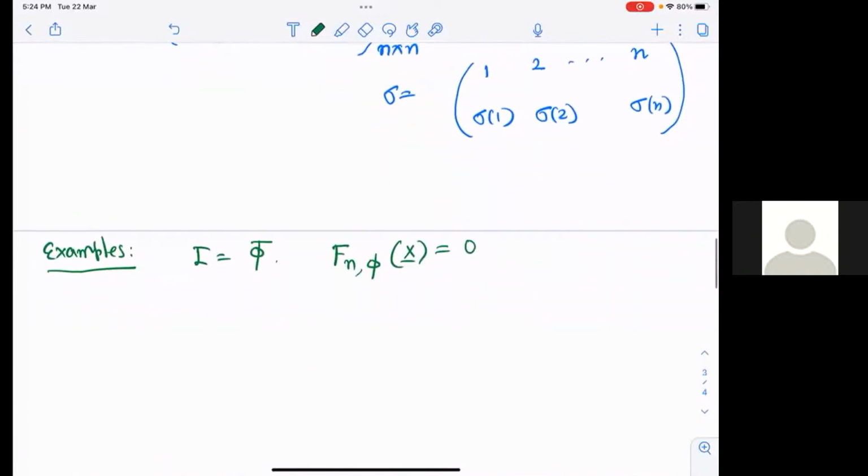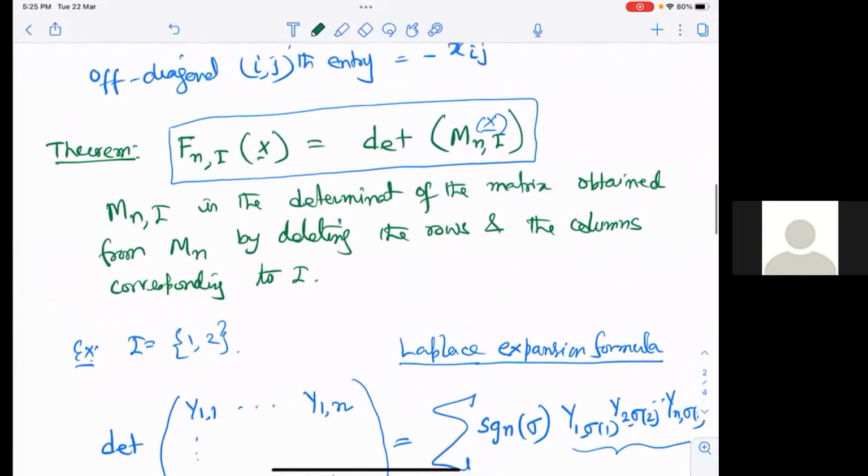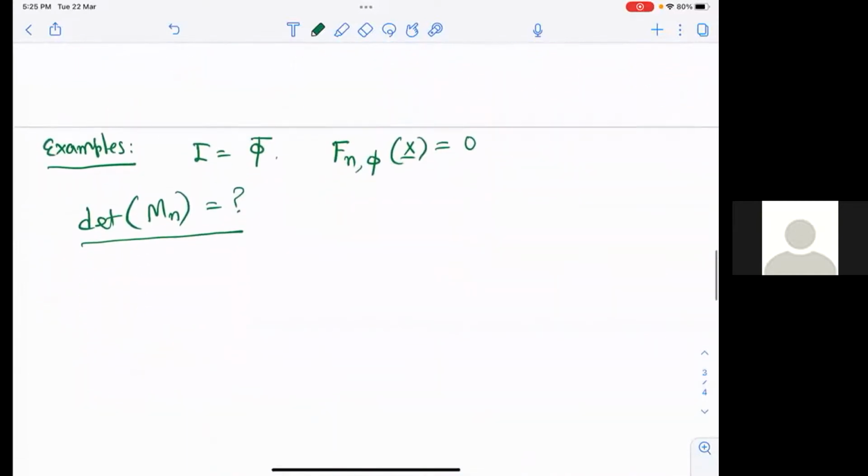So what is the determinant of M? Look at it, it's a very interesting determinant. Let me write it once again, then you will be able to understand.